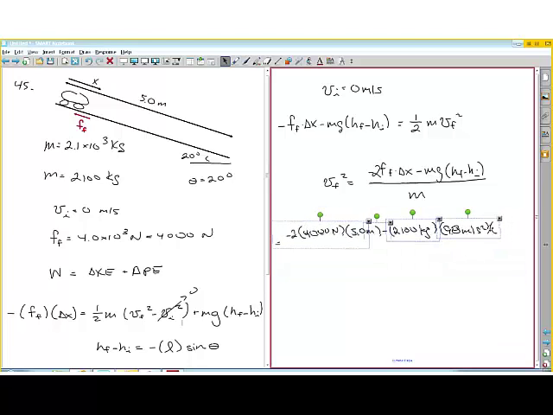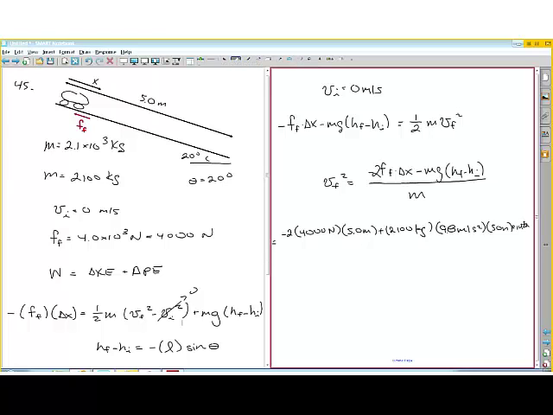Okay, so we have a negative sign, so let me go ahead and just make this positive. And then we have L, which is 5 meters again, times the sine of 20 degrees. And the whole thing is divided by the mass, which is 2,100 kilograms.